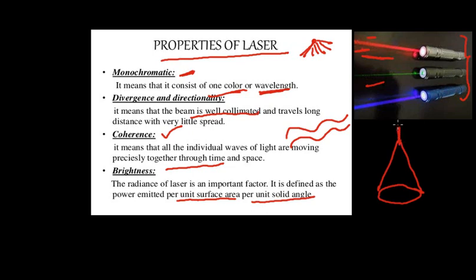So from here you'll get a collimated beam. So if we draw a perpendicular, this is theta, the solid angle, right? And this is the area, this whole thing. So per unit surface area per unit solid angle. With that, we can define brightness like this to find out the power emitted by the laser.